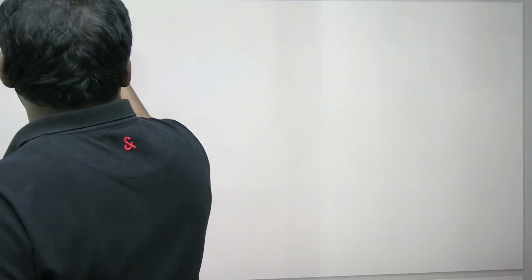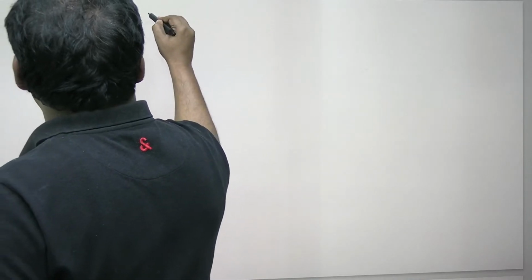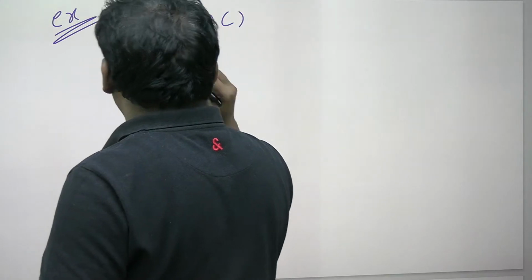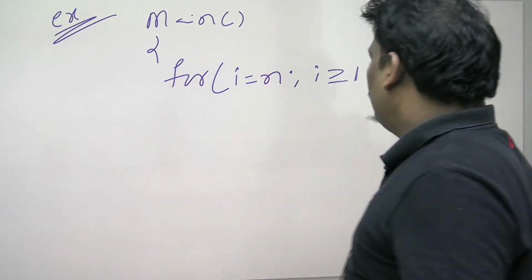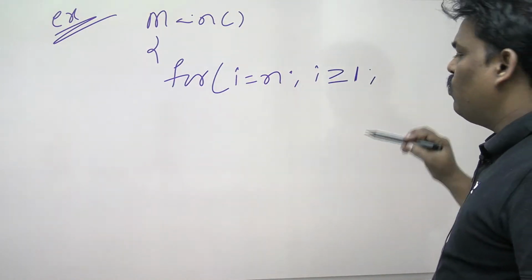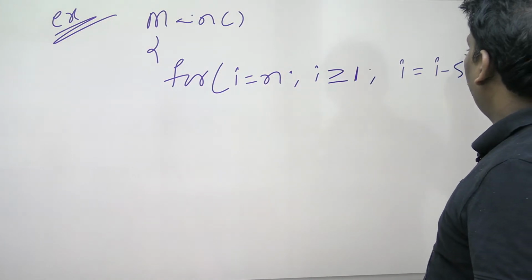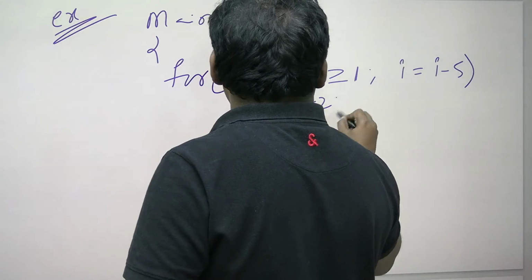Now come here. One more problem, please take care of this also. For i equal to n, i greater than or equal to 1, i equal to i minus 5: x equal to y plus z.